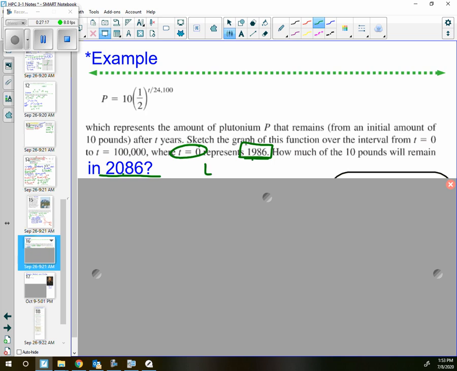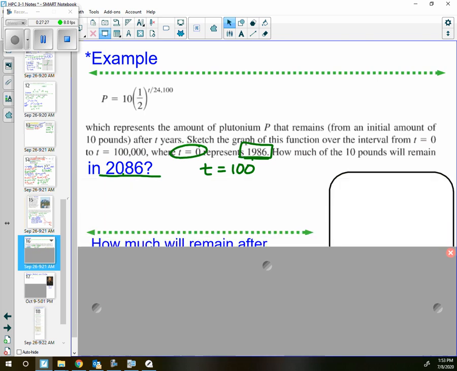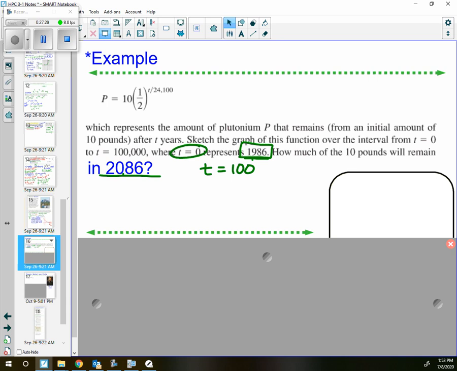Well, that would be a t value of 100. How much would be left after 100 years? Think about that. That's like many generations of being able to inhabit that. How would you calculate the amount present after 100 years, or in 2086? That just means t is 100, so I'm going to substitute in 100 and see what I get. So 100 divided by 24,100.